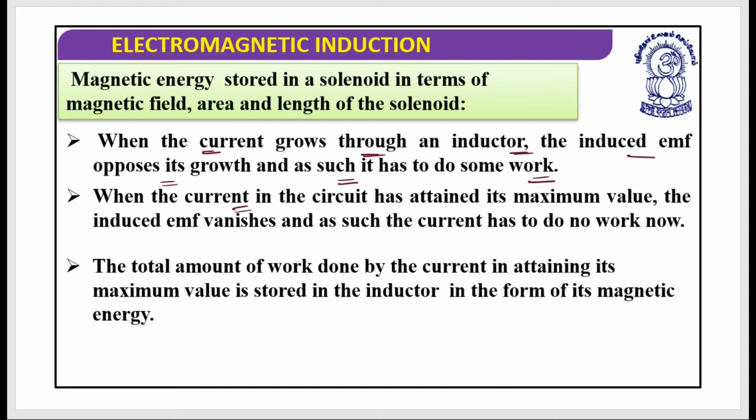So when the current in the circuit has attained its maximum value, the induced EMF vanishes. Now the total amount of work done by the current in attaining its maximum value is stored in the inductor in the form of its magnetic energy.